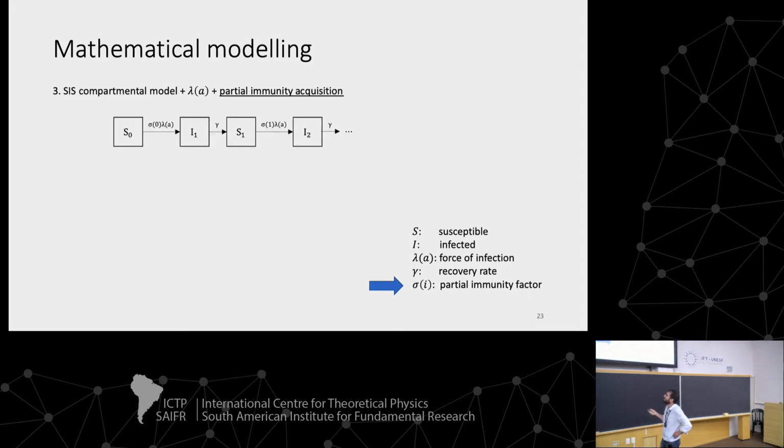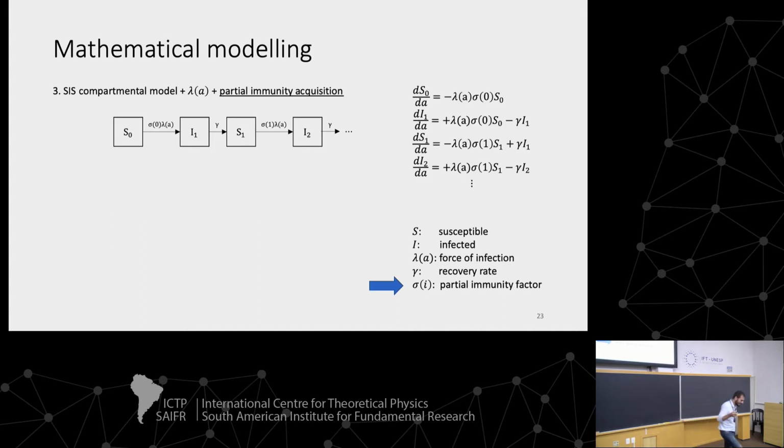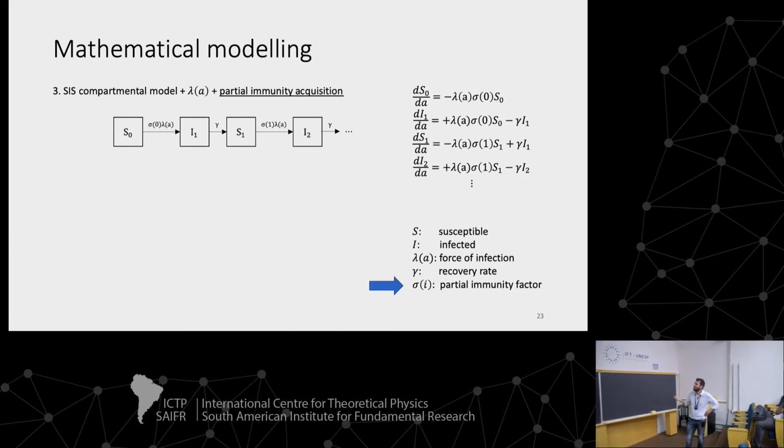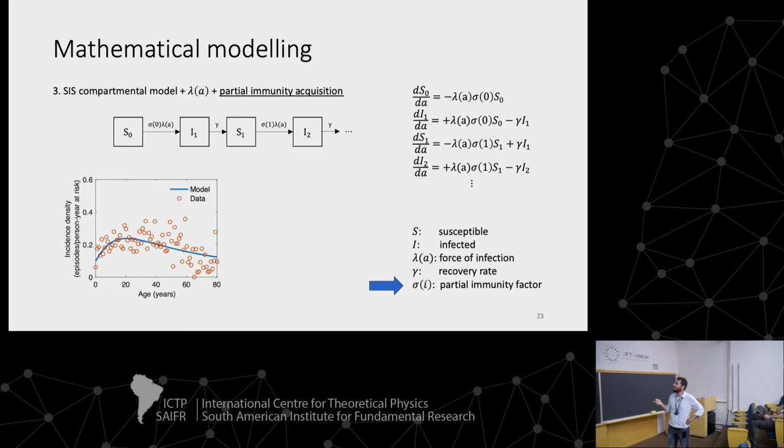So then we had to open this and make, in this case, an infinite number of equations. Of course, due to the force of infection we have in this place, we don't need to go to the infinite. After some point, we don't have people anymore moving forward. So with this, we consider an exponential decay for the partial immunity, and then we can correct the second part of this data set.